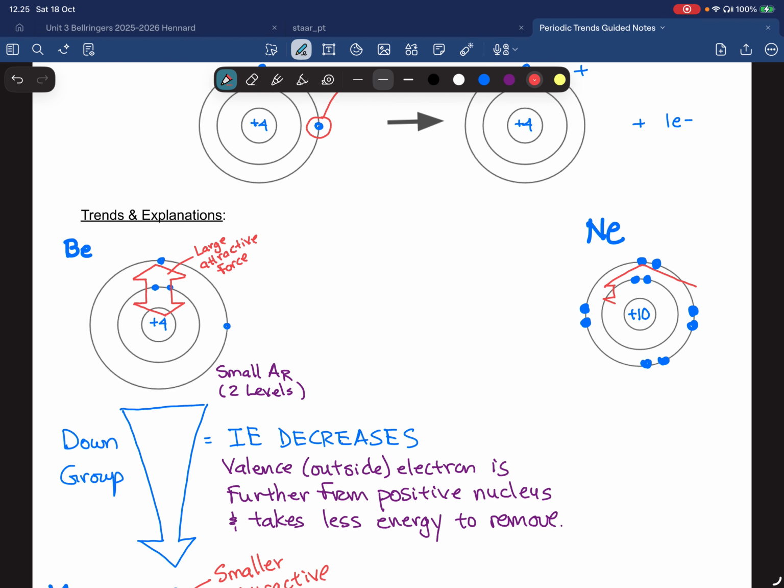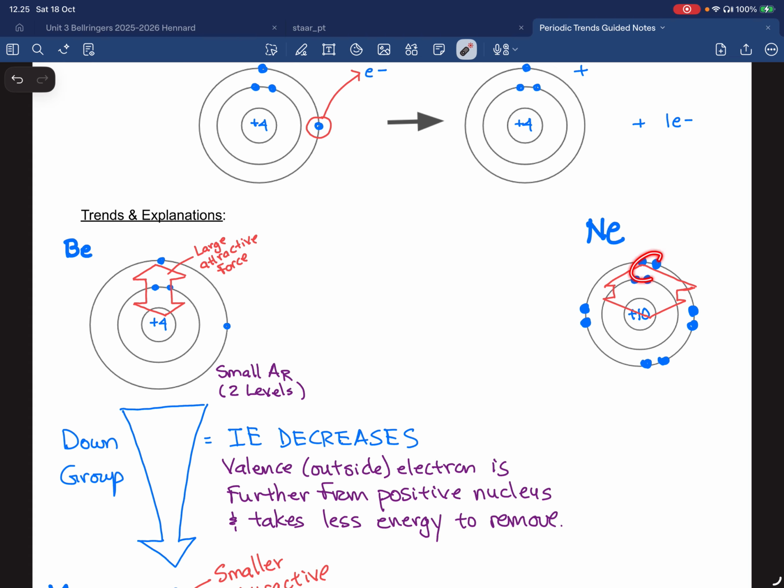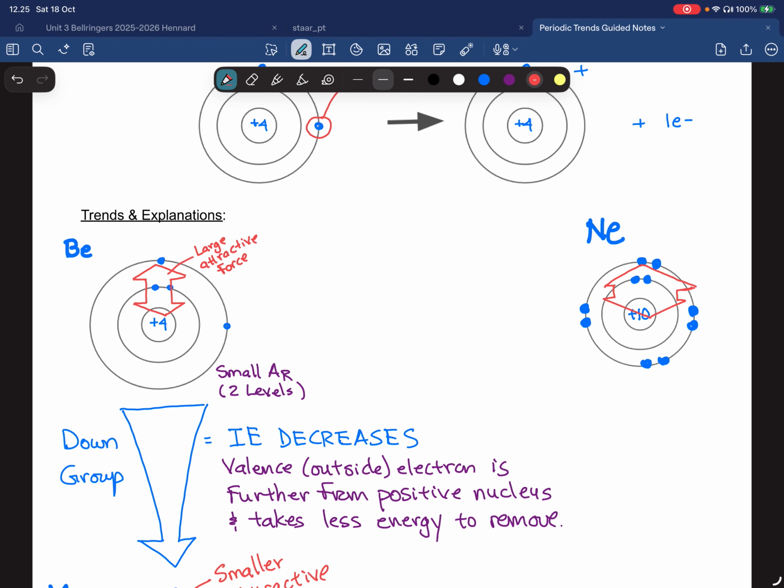So we have this large attractive force pulling the nucleus together with the valence electrons on the outside. So that large attractive force is attracting every one of those electrons, making them more difficult to remove.